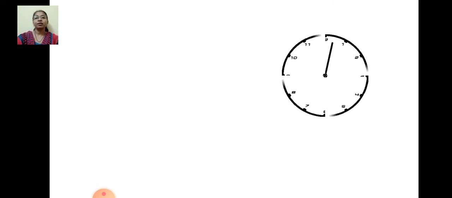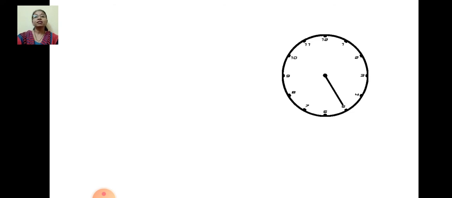Let me explain this in a simple way. Suppose this is a clock and the long hand. When this long hand completes 60 minutes, when it starts from 12 and again reaches 12, it traces one complete circle, that is 360 degree.